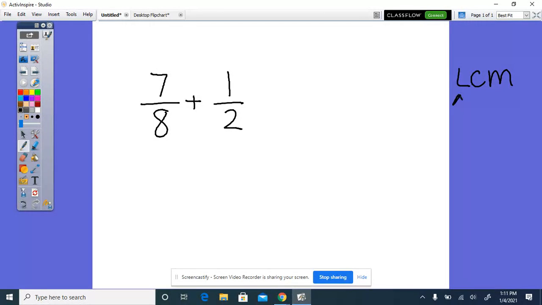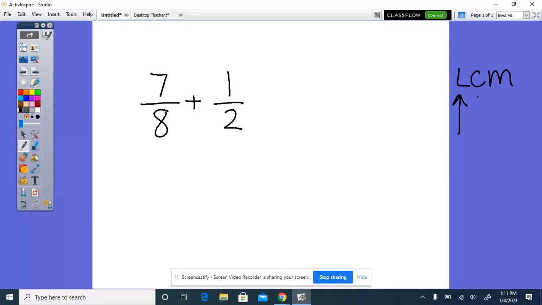So that means the smallest common number that they have in common. The reason why we're choosing the smallest one is because if we choose a number that is bigger, then that creates extra work for us. That means that at the end of the problem, we will have to simplify extra, or we would have to simplify when we previously wouldn't have had to do so.